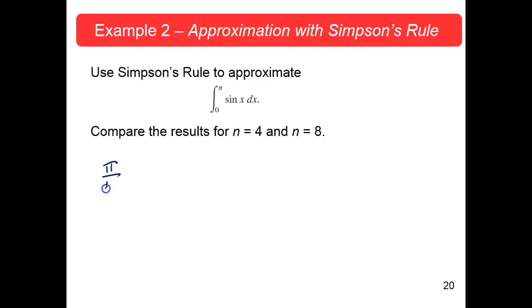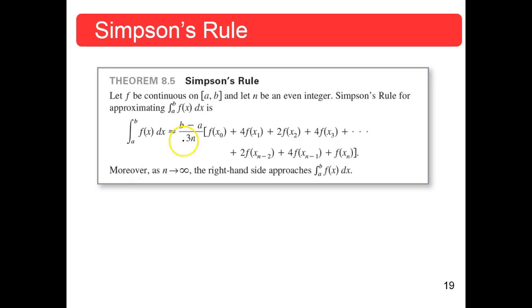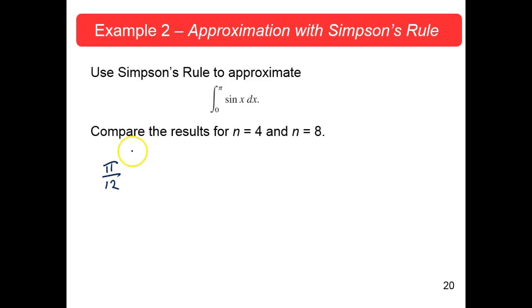In our first example, n is equal to 4, so that's 12. Now we got 4 subdivisions here. That would be at, of course, 0, pi fourths, pi halves, 3/4 pi, and pi. Okay, that's our subdivision.